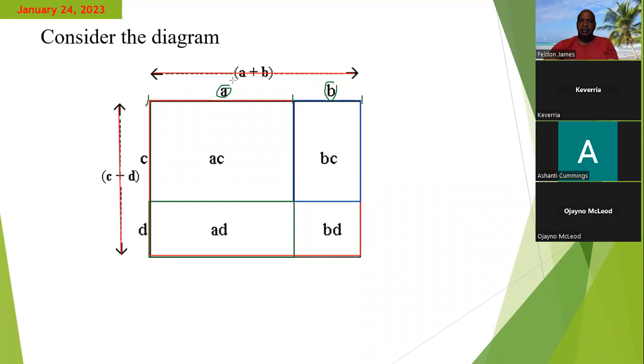So in this case, the length is A plus B, the width is C plus D. So if we are going to multiply that, then clearly we would have to multiply A plus B times C plus D.